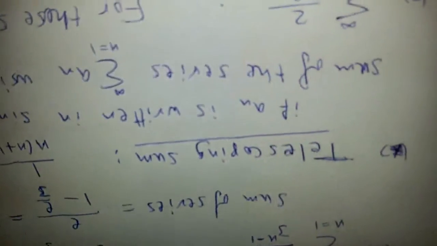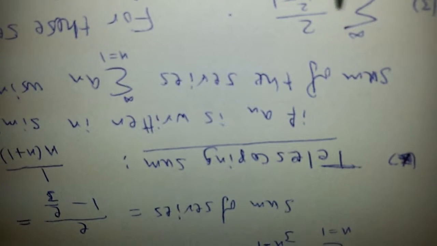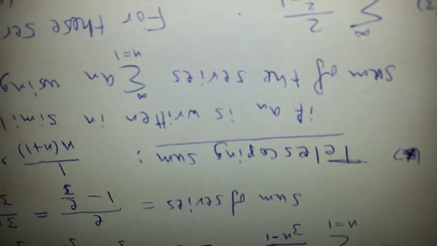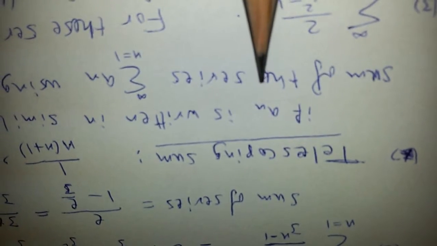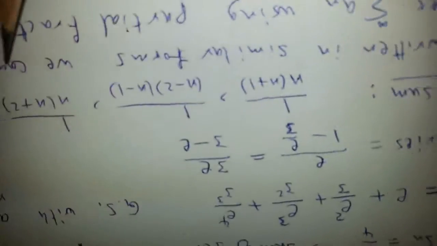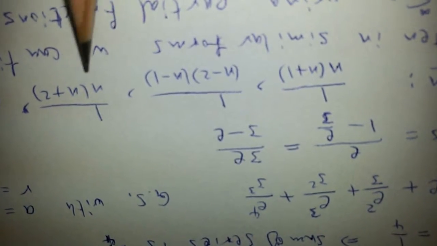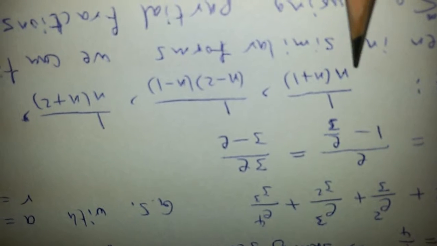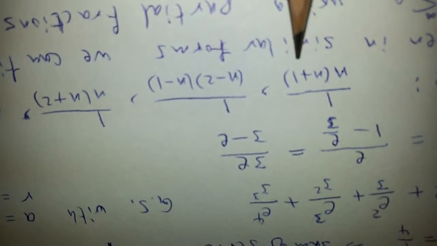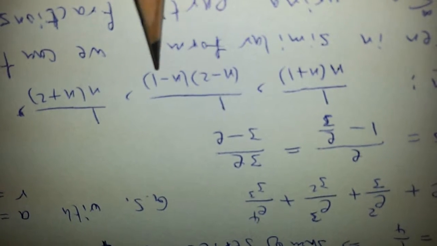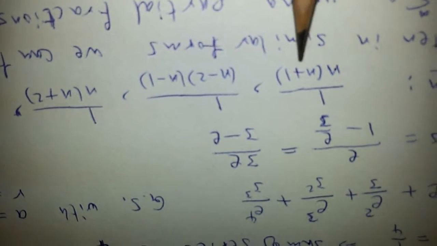Now the last type would be a telescoping sum. What do we mean by this? We mean if a_n, which is the sequence of terms of the series, is written in similar forms like this. If you have in the denominator n times n plus 1, or n times n plus 2, or n minus 2 times n minus 1, see, there is a difference between these.